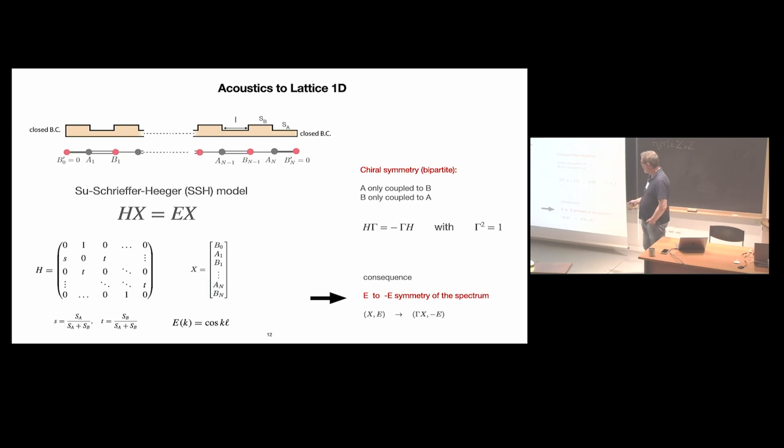And this anti-commutation comes with a very nice property: all the eigenenergies, or as well eigenfrequencies, will inherit from that this E to minus E symmetry due to this algebraic chiral symmetry. And so if you have one at E, you have another at minus E.